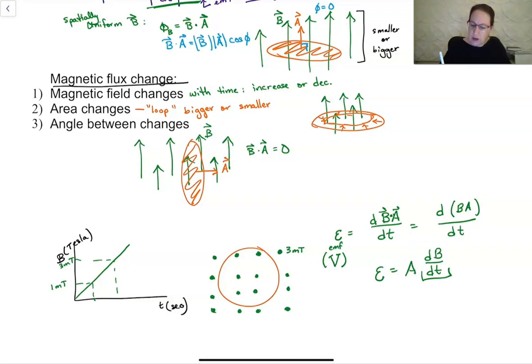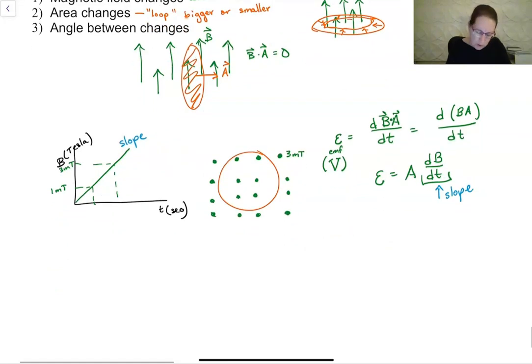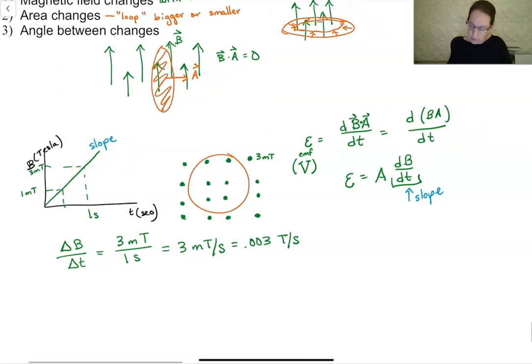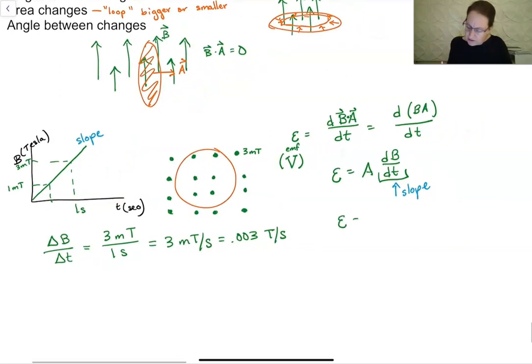So in this case, that would just be the slope, right? Because the slope is the derivative. So let's say it goes 3 millitesla in 1 second. So that would be 3 millitesla per second, or 0.003 Tesla per second. And if we put that over here, then our EMF is just going to be the area of this loop times our slope, 0.003 Tesla per second.